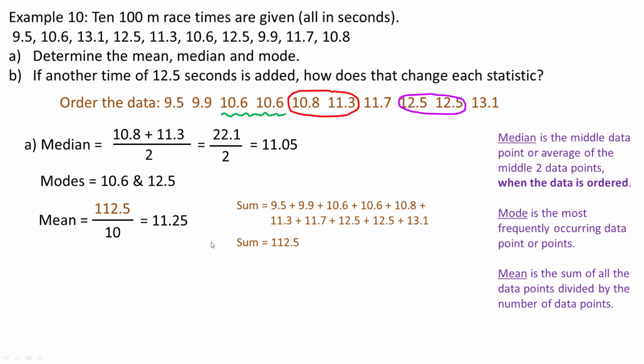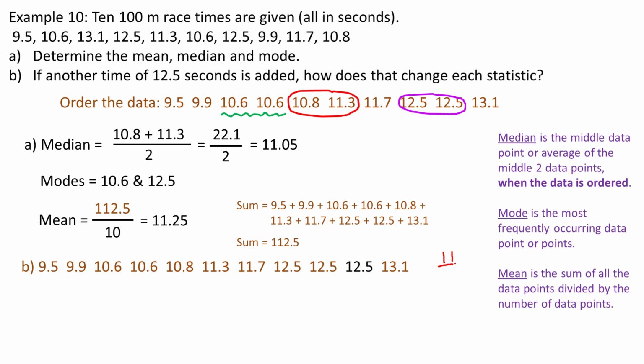Question B asks, if another time of 12.5 seconds is added, how does that change each statistic? Let's recalculate. For B, here's all the data points, and we've got this new 12.5 as another time. Now, for the median, there's an odd number, 11 numbers. 11 divided by 2 is 5.5.